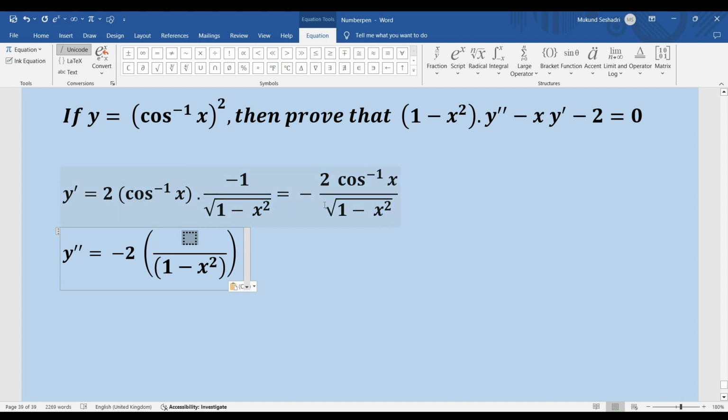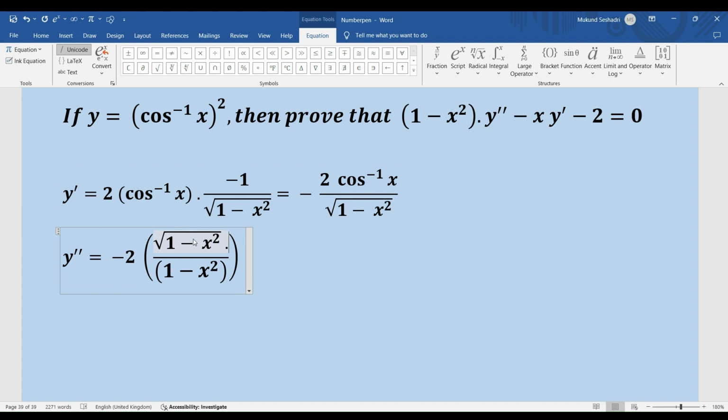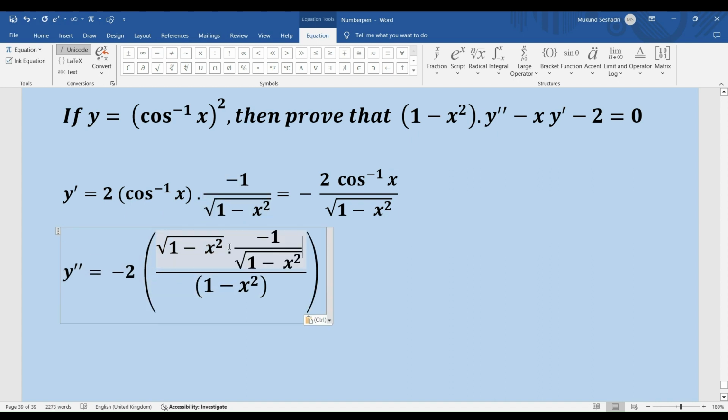I retain the denominator as it is, and then I differentiate my numerator first. And what is my numerator? My numerator is cos inverse of x. And what is d by dx of cos inverse of x? We've already done this in step 1, which is nothing but minus 1 divided by square root of 1 minus x square, right? So this is my first part of the numerator.